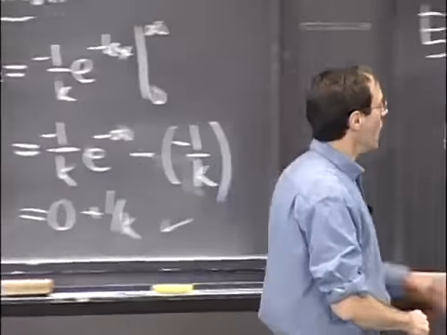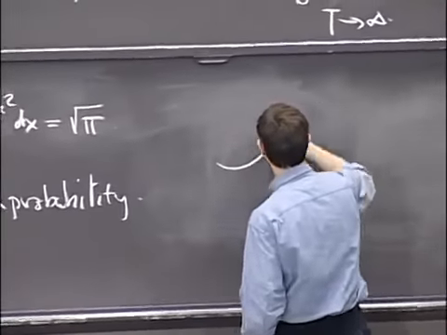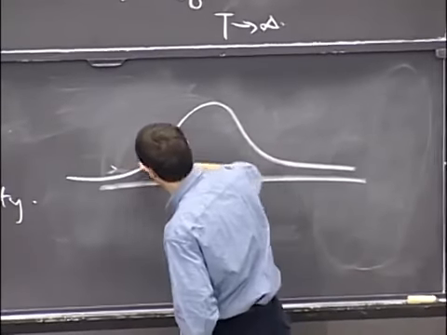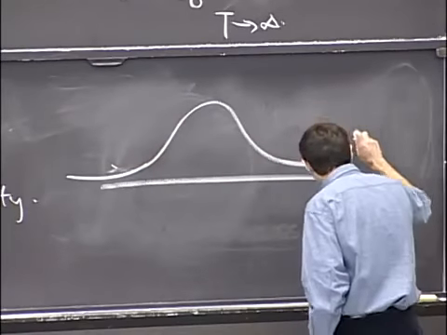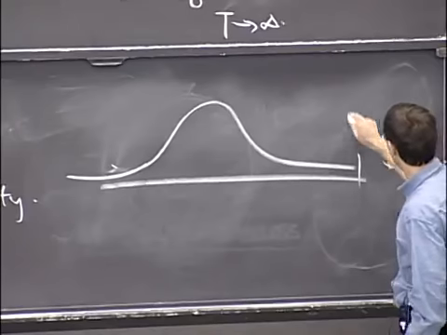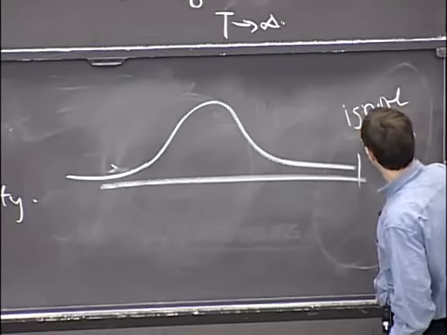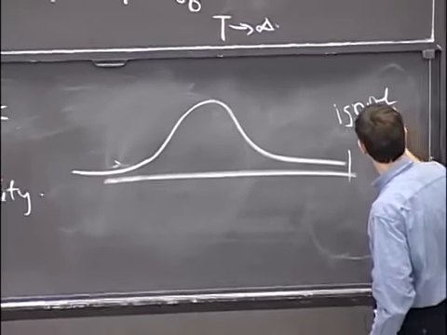When you're talking about something like this normal curve here, there's an issue of how far out you have to go before you can ignore the rest. So we're going to ignore what's called the tail here.